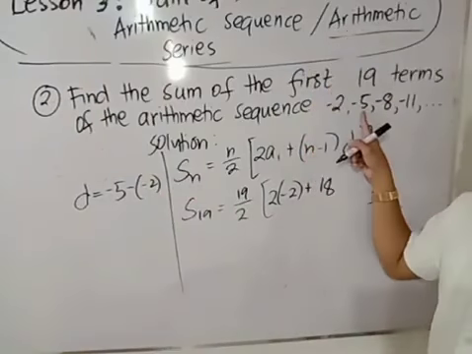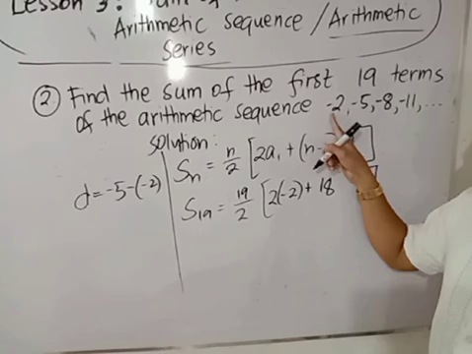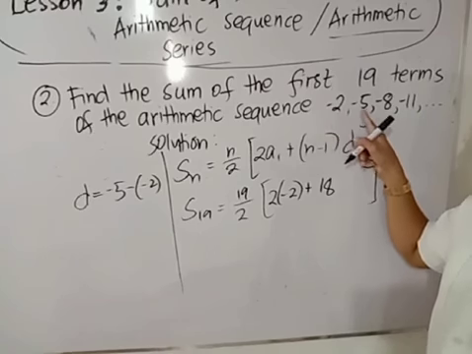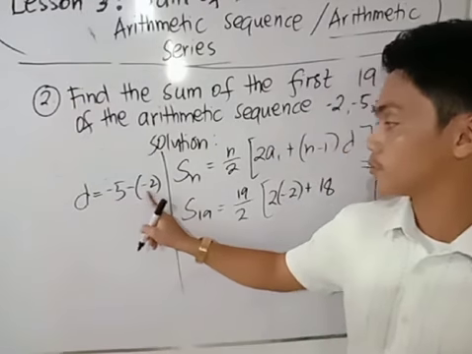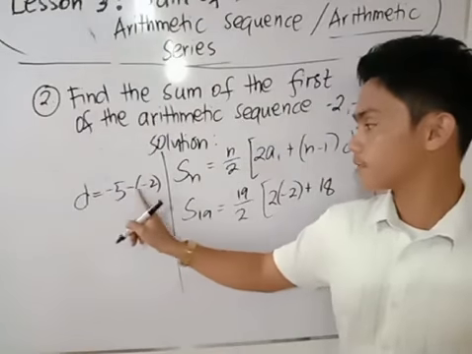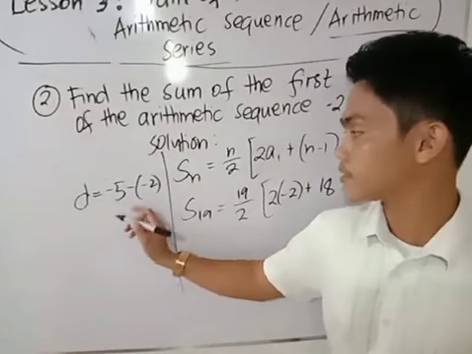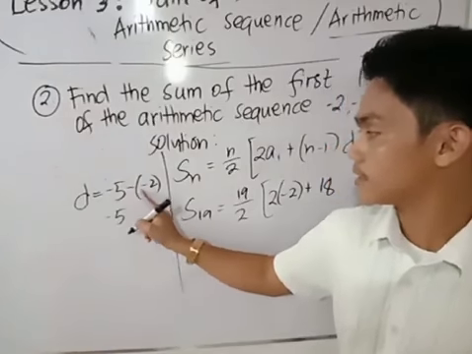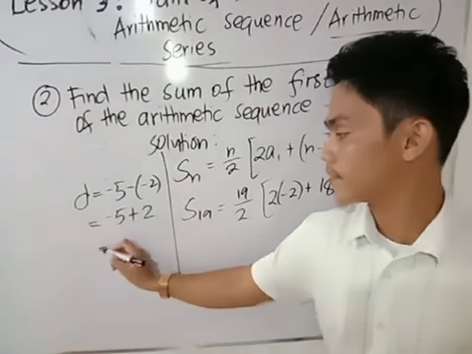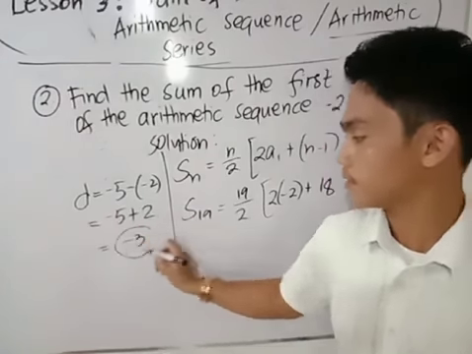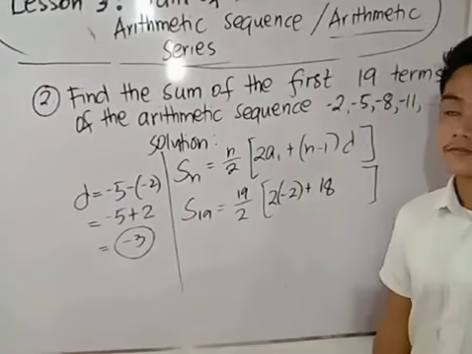Subtract the first term from the second term. Negative 5 minus negative 2 will be negative 5 plus 2, because we have a double negative. So negative 5 plus 2 is negative 3. So our common difference is negative 3.